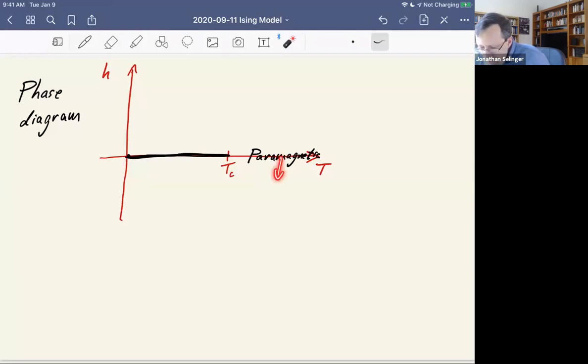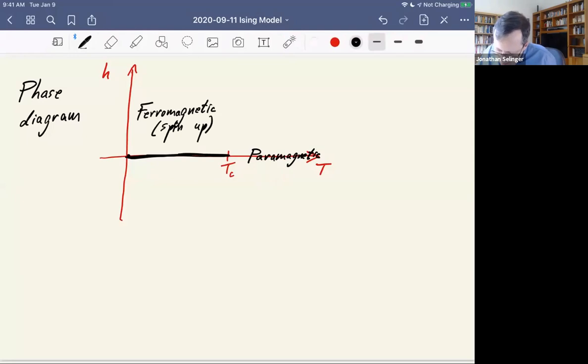If we apply a negative field, we get small magnetic order in a negative direction induced by the field. When we go to lower temperatures, then we get a state which is ferromagnetic here with spin up, and down there we get a state that is ferromagnetic with spin down.